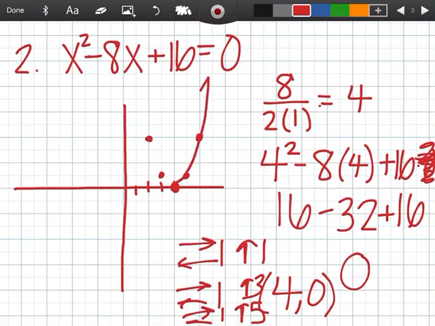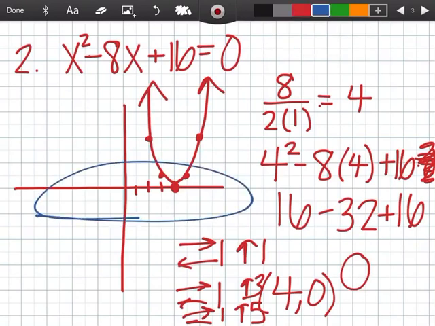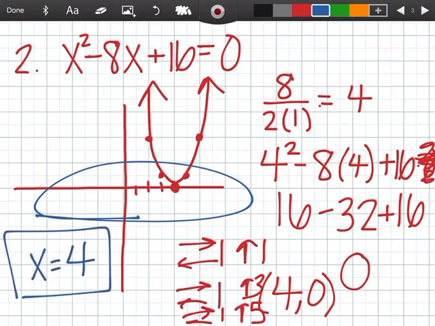Because the whole point of solving by graphing is to find where this parabola crosses the x-axis. And there's only one place where this parabola crosses the x-axis. So the only number that you're going to plug into this equation and get 0 is a positive 4. So there's only one solution, and it is positive 4.